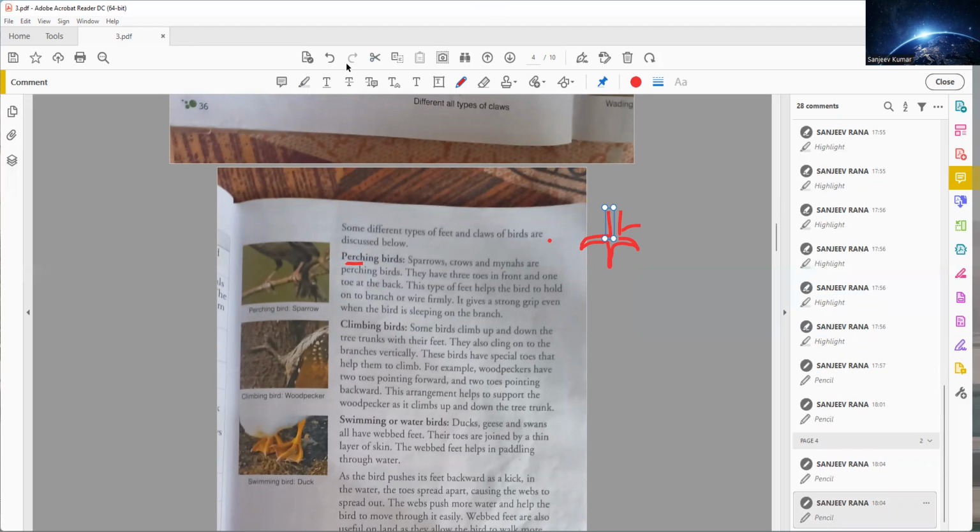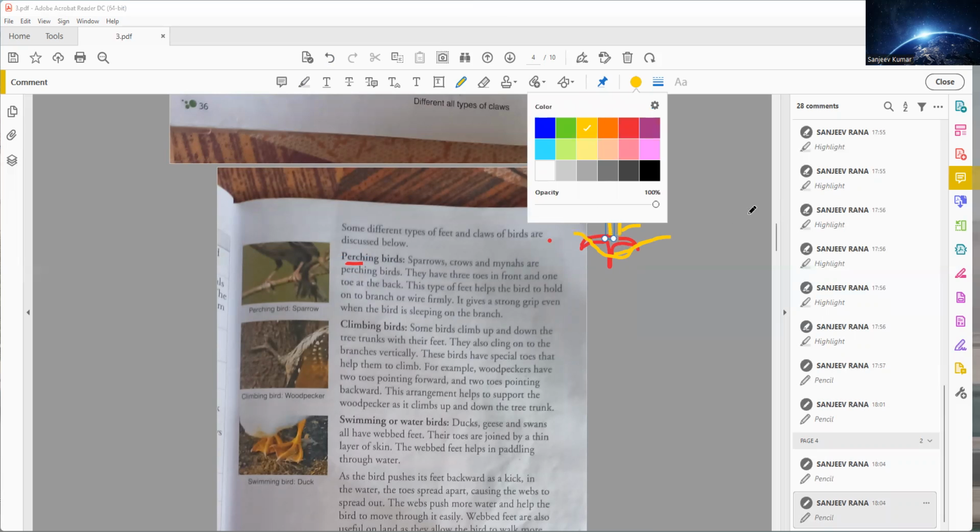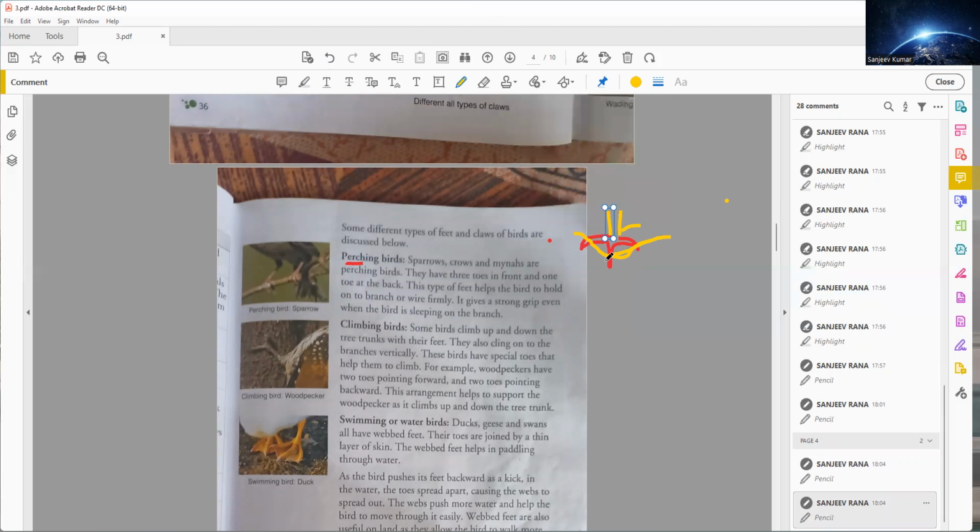So if they have this type of claws, and a particular stick is like this, see, they will grab that stick very easily. That is the perching type of birds.